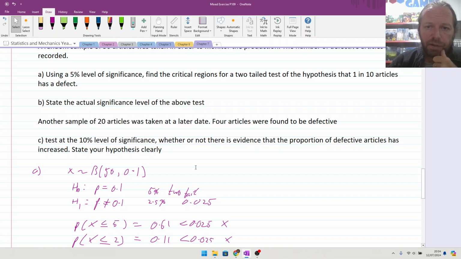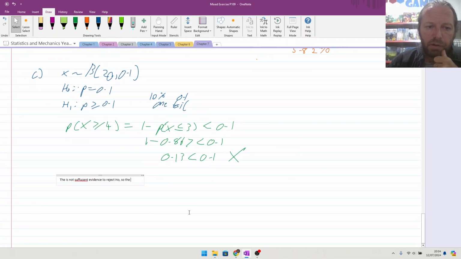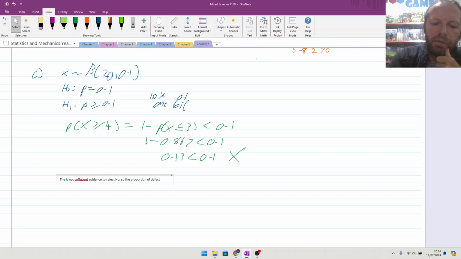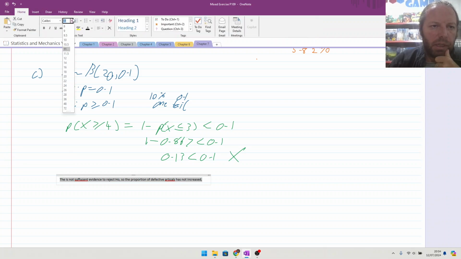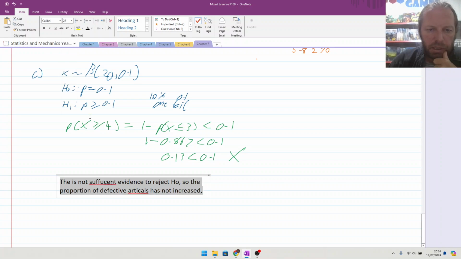The proportion of defective articles has not increased. So the proportion of defective articles has not increased. A long question, that one. Lots of bits in it, lots of work in it, lots of points in it.